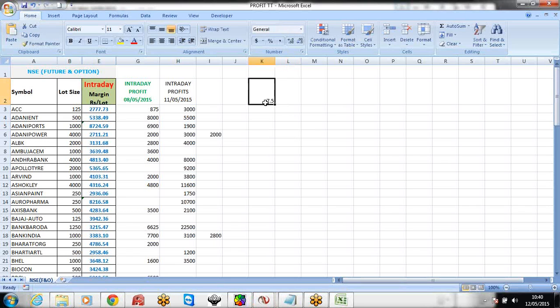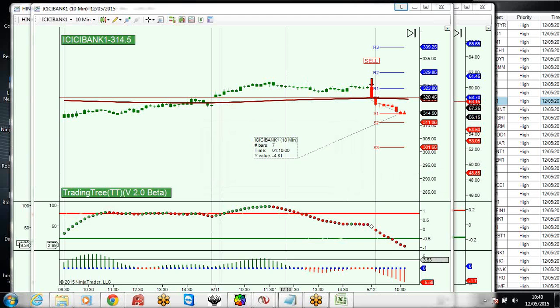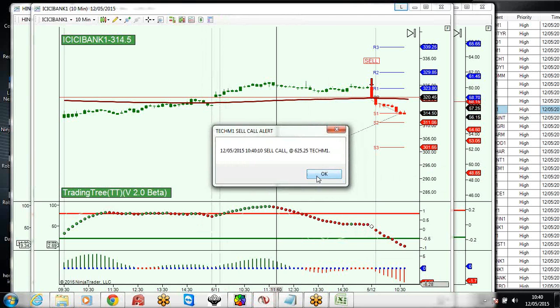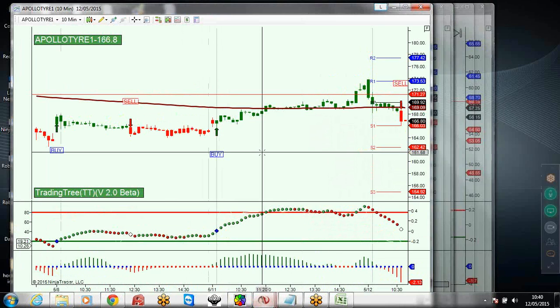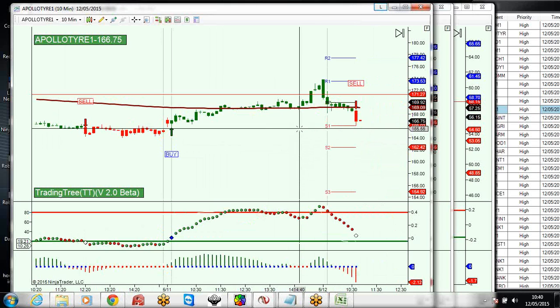There is a sell call in Apollo Tyres. We were expecting this call in the upper tier, a sell call. There is a sell call in Tech Mahindra. Almost all the trades are in negative. So you can short it here, 165.50.